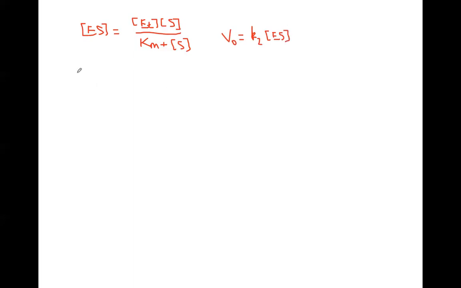And so from the expression above, V naught is K2 times enzyme total times substrate concentration, divided by the Michaelis constant plus substrate concentration.